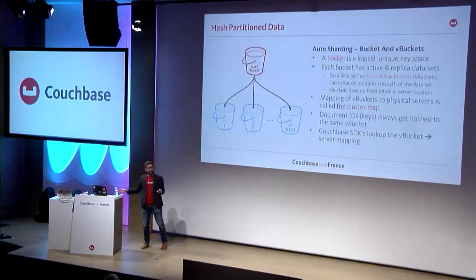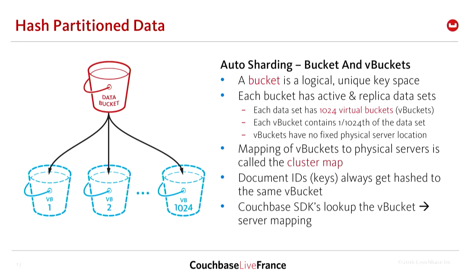So a little on the key value portion. The way Couchbase distributes data is by hash partitioning. When you have your 6-node cluster, when you define a database, which we refer to as a bucket, we automatically divide that bucket into 1,024 vbuckets.